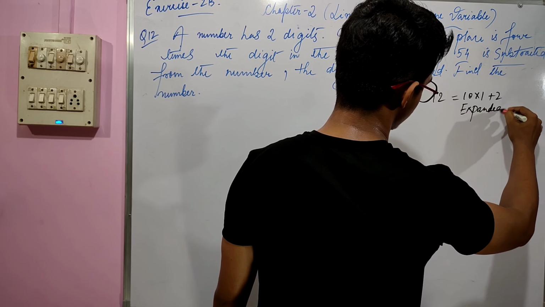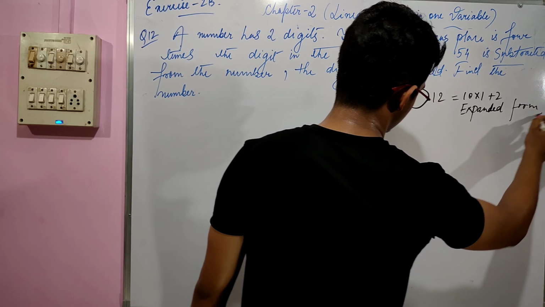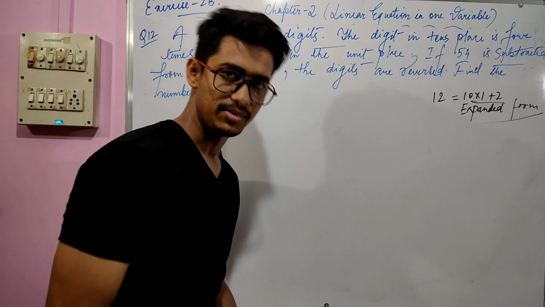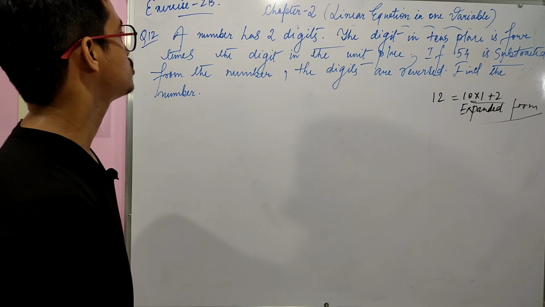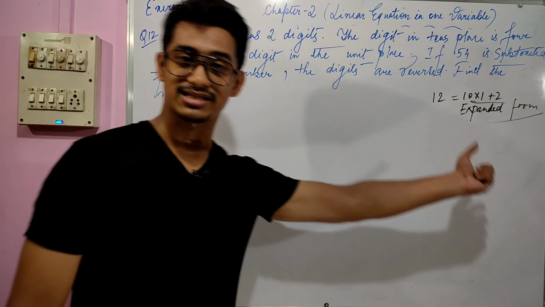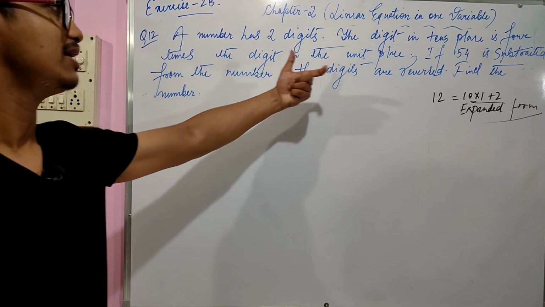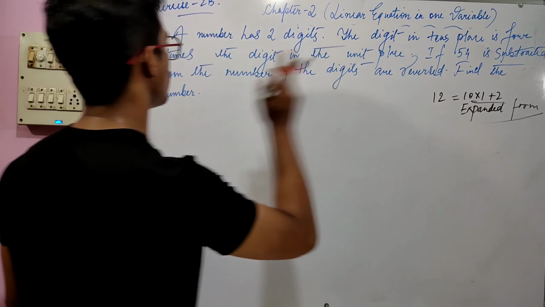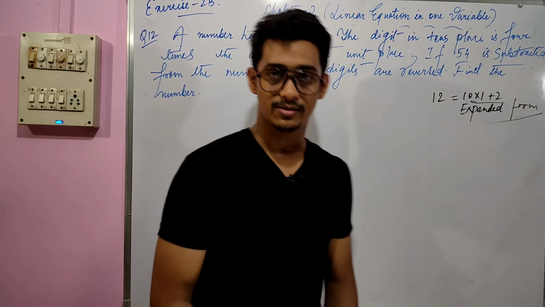So to form 12, we can write 10 into 1 plus 2. That is the same meaning. So we have to use this expanded form. There is also one relation given: the digit in the tens place is 4 times the digit in the unit place.